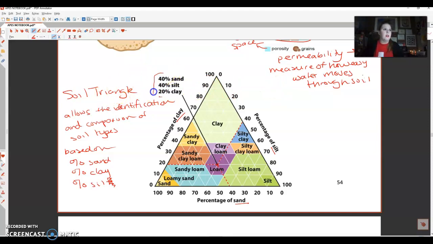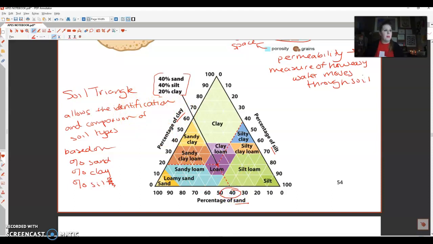So right here, let's do this one. 40% sand, 40% silt, and 20% clay. What type of soil is that? Okay, so I always start with sand just because it's on the bottom. You can start wherever you want to because you're going to get the same answer. Okay, now you can see that the lines run in 2 different directions. All right, so 40% sand. Here's our 40% sand.